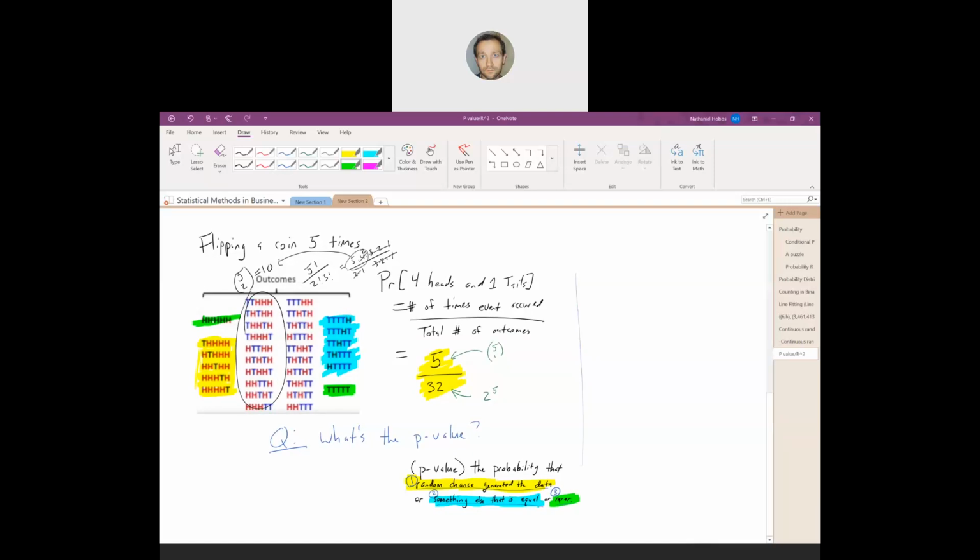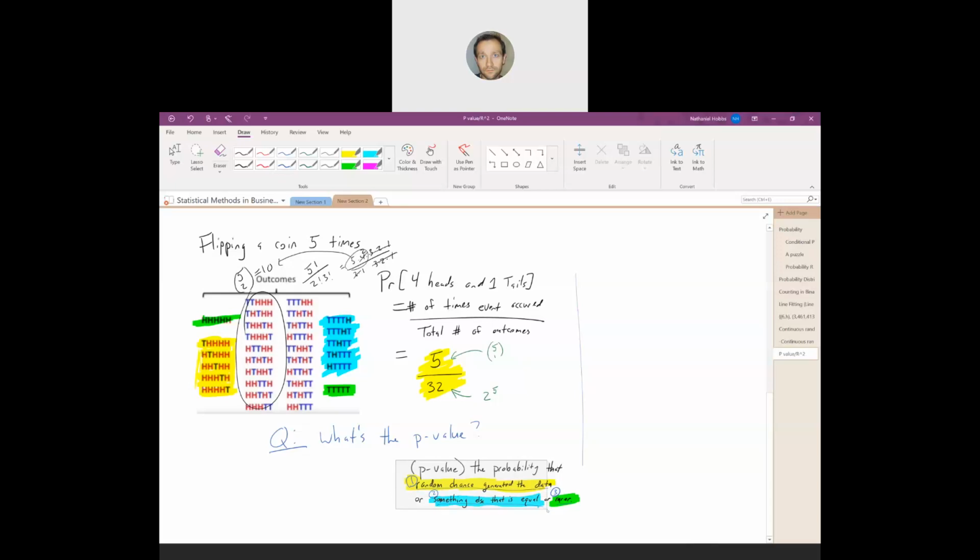Okay, so the p-value is computed from 3 parts. First, you figure out what the probability is of the event by itself, if it were just random. And random here means there's nothing special going on. That means that this is a fair coin.